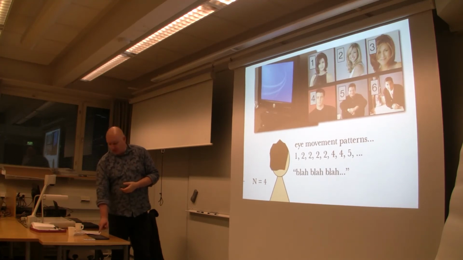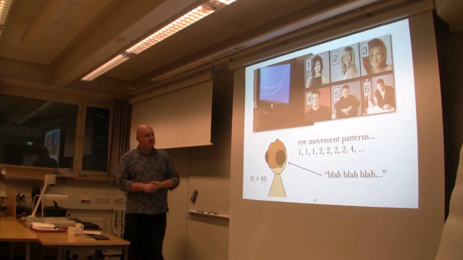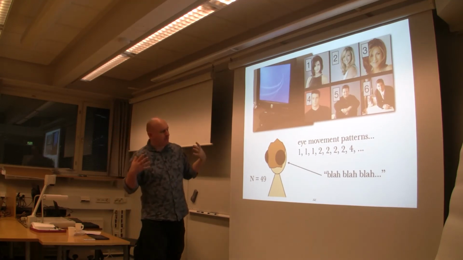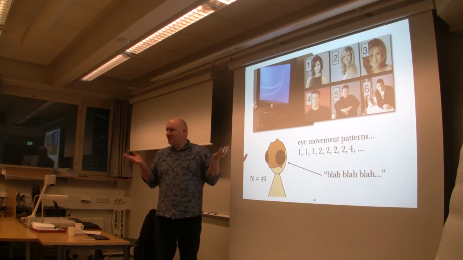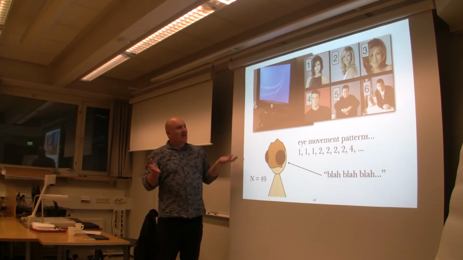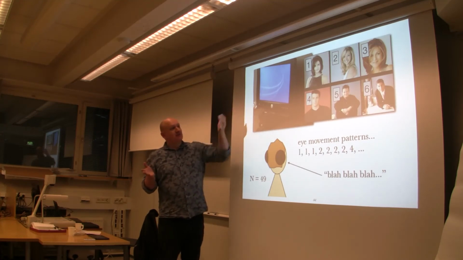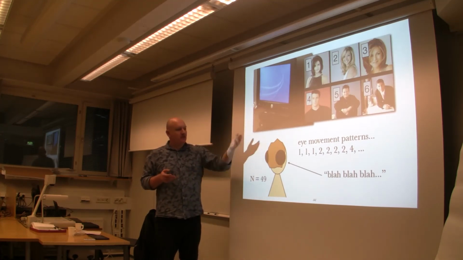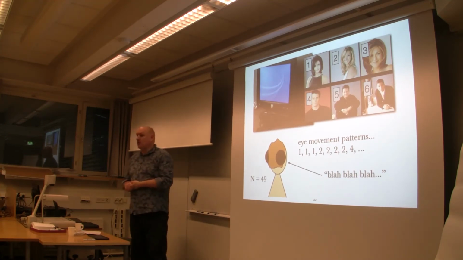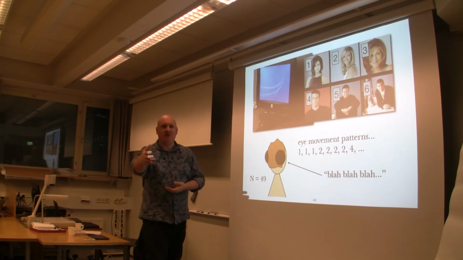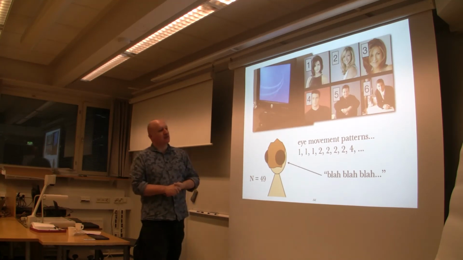Well, that's not very remarkable, of course, but the actual experiment is that they brought people in and made them listen to these people talking about their favorite Friends episode. Of course, they were looking at the same display, and they recorded who they were looking at while listening to someone else talk.